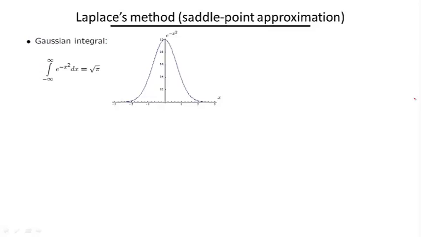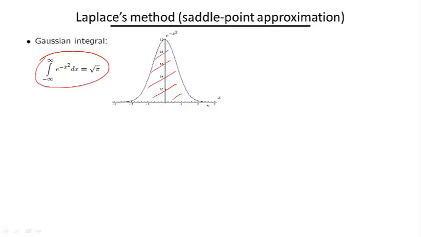Now, we have seen already the Gaussian integral, which is an integral of e to the power minus x squared between minus infinity and plus infinity, and we know the result is equal to the square root of pi. Of course, this integral is the area enclosed by this curve, which is nothing but the plot of this Gaussian function, e to the minus x squared, as a function of x.